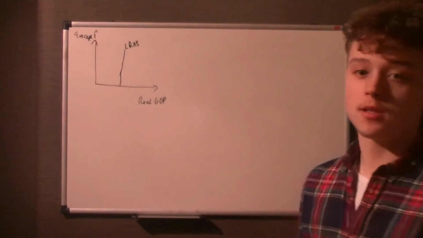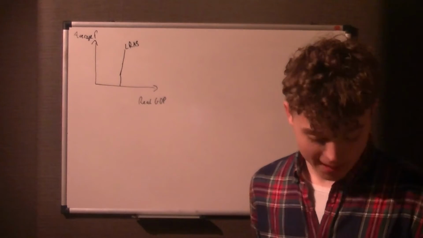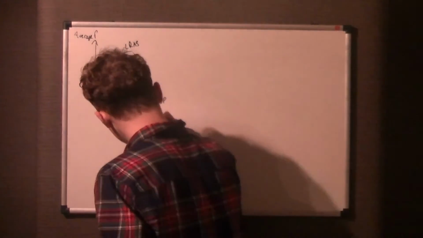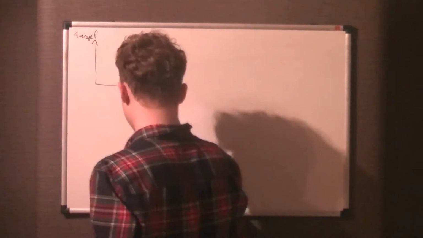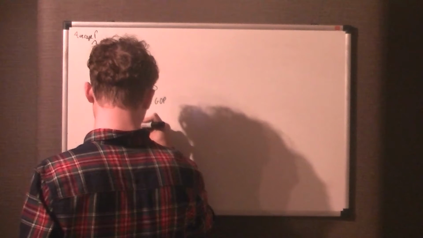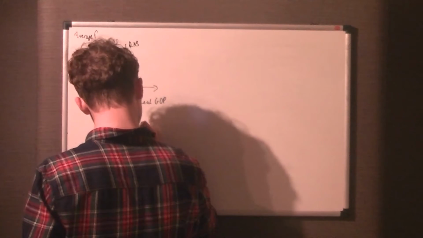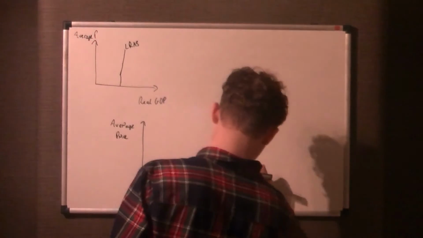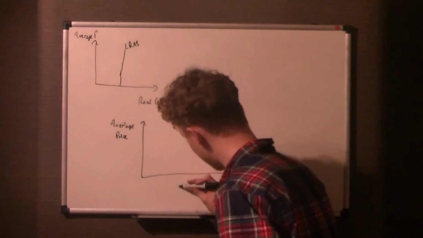Now this says the wages are very sticky and they don't like to move. So what we have here is the same diagram. We've got the average price level, and then across we have the real GDP.